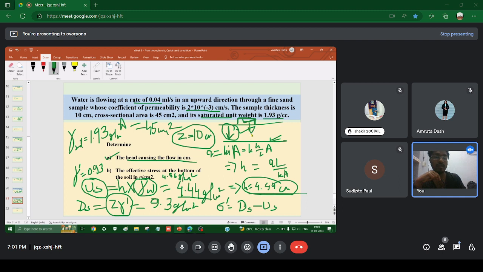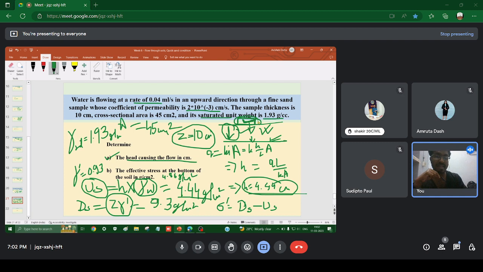The saturated soil on the top of this layer is compressing this particular soil layer, increasing the grain to grain transfer of load, increasing the effective pressure.